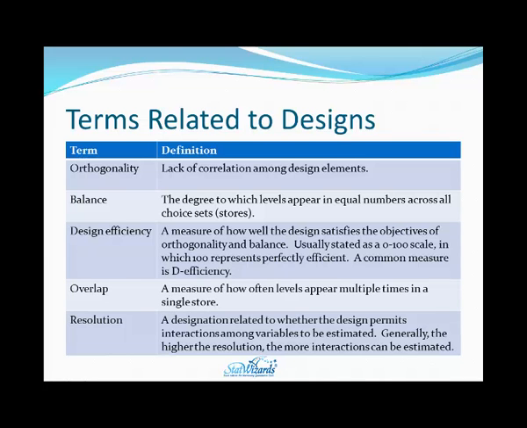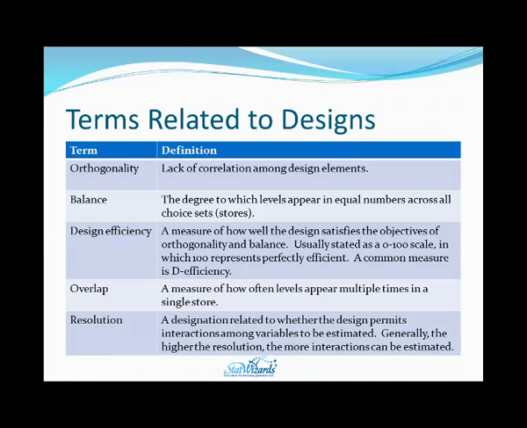This is called balance. Orthogonality and balance are combined in various ways to produce measures of design efficiency. These measures, one of which is d-efficiency, are usually converted to a 0 to 100 scale, in which 100 represents perfect efficiency. All Design Wizard designs start at d-efficiencies of 100.